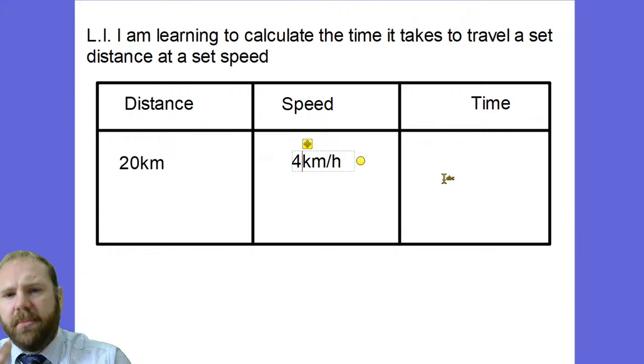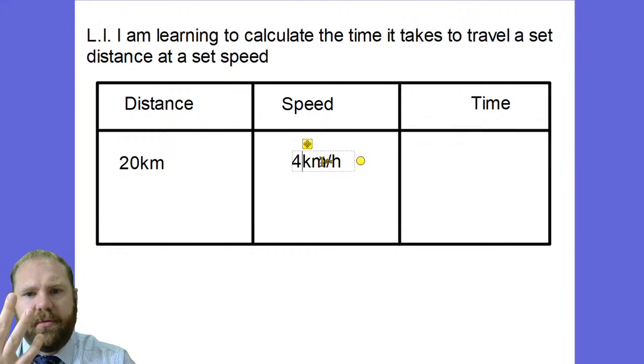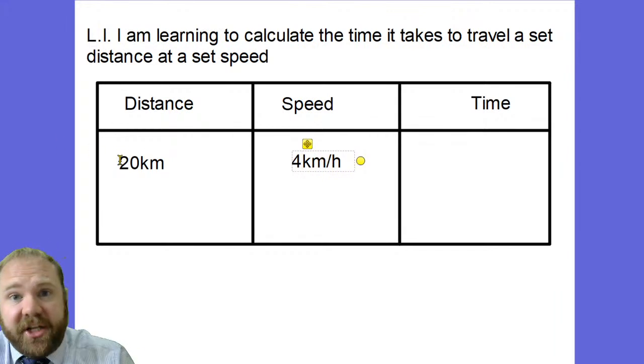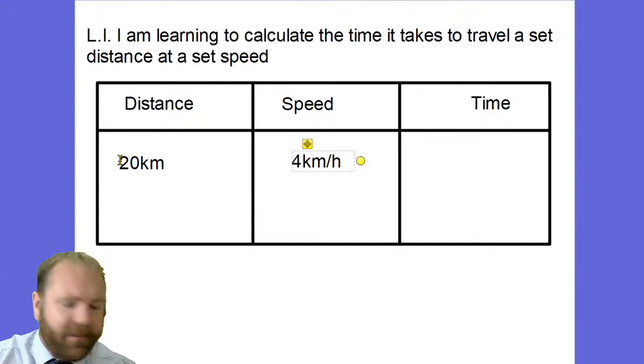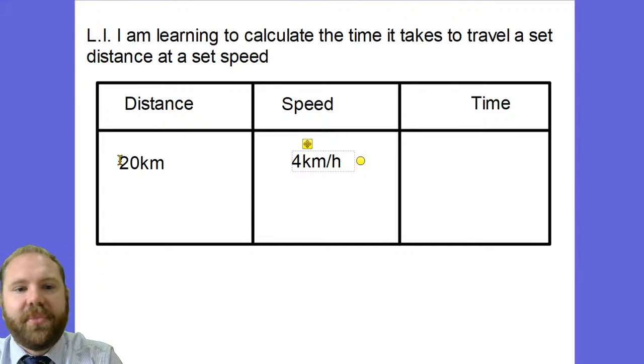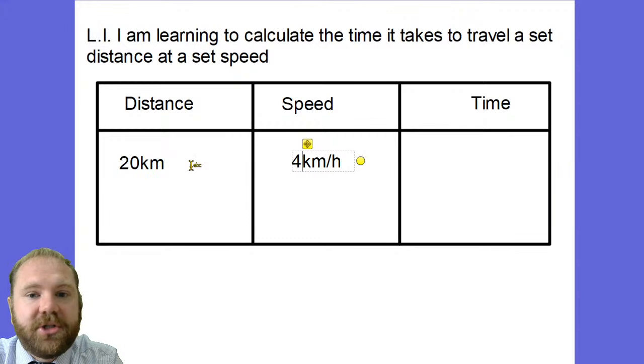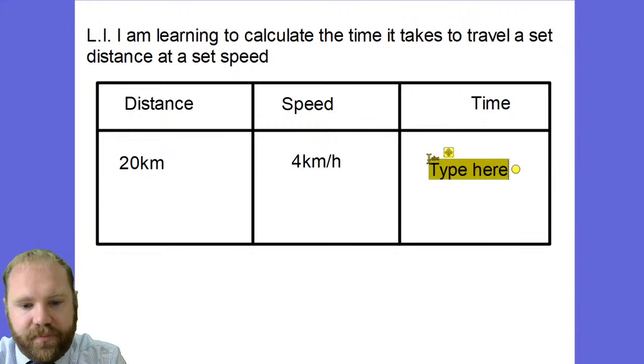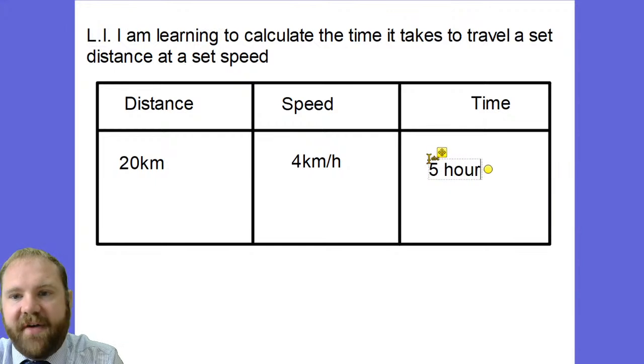So I'm basically doing my 4 times table until I get to 20. What else do we call that? Division! It's just division. Oh, I hit the microphone. I'm sorry. But it's just division. Okay? So 20 divided by 4 is 5. So it's going to be 5 hours that it's going to take.